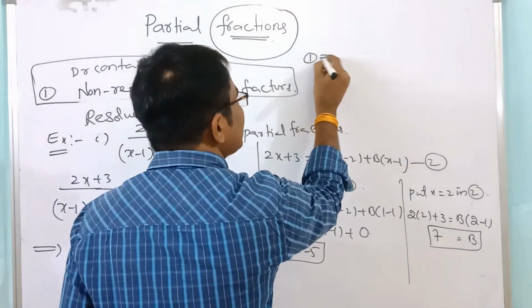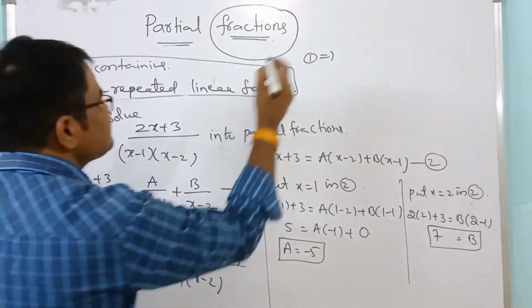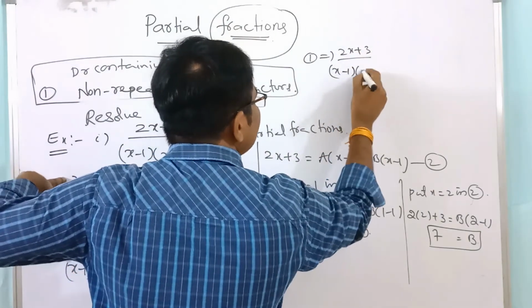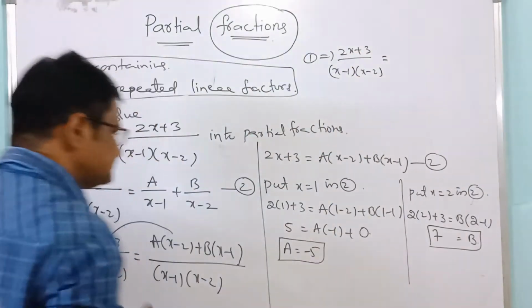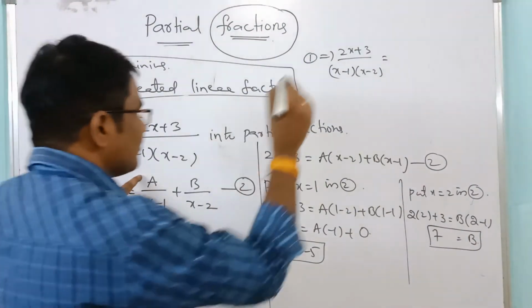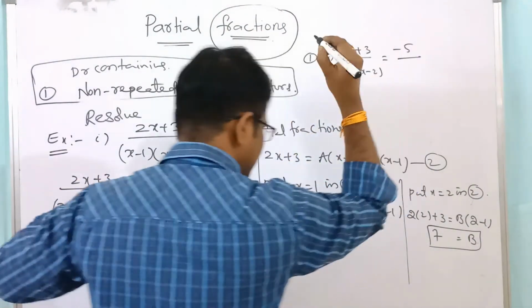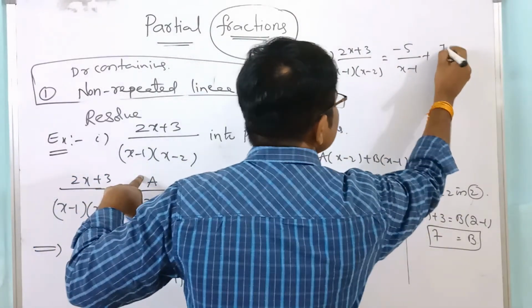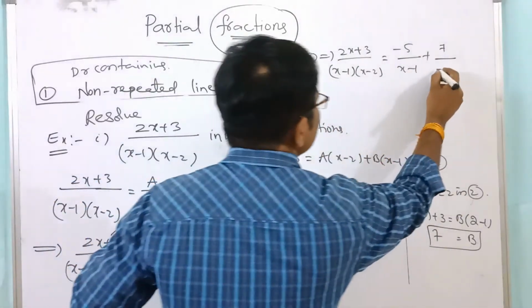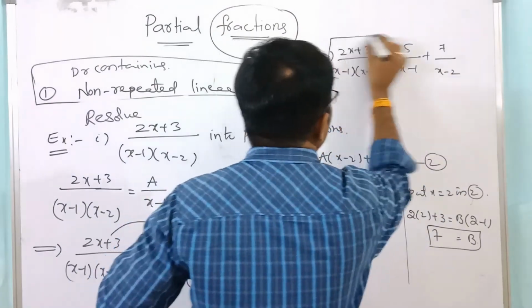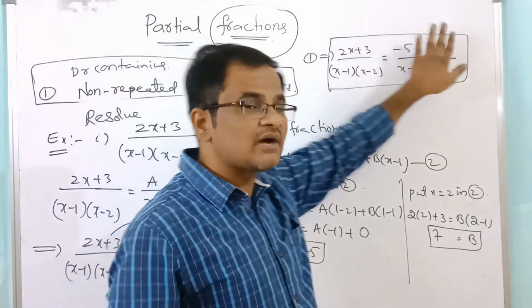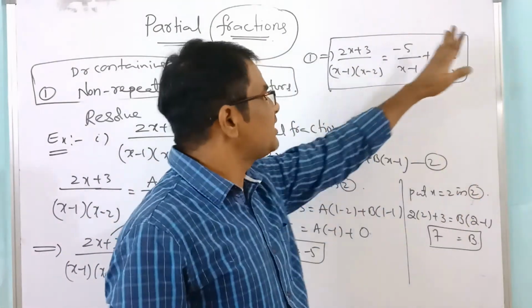Now 1 implies 2x plus 3 by x minus 1 into x minus 2 equal to a is minus 5 by x minus 1 plus b is 7 by x minus 2. This is our final answer. Means we resolved this proper fraction as a sum of two proper fractions.